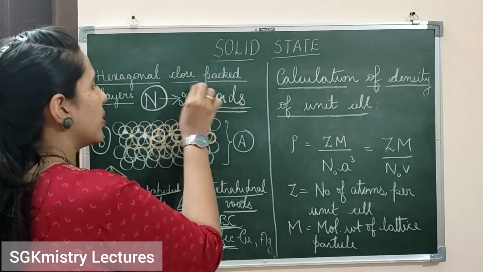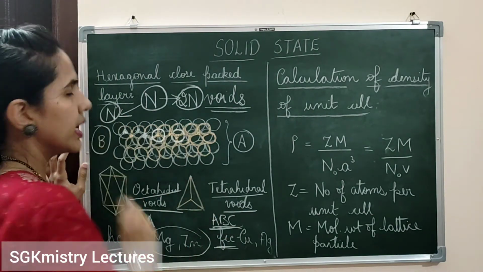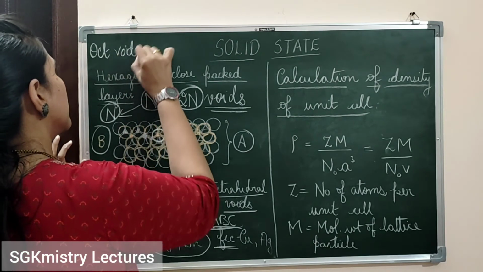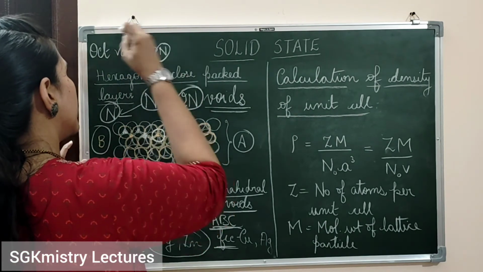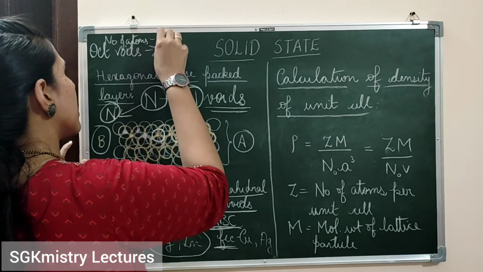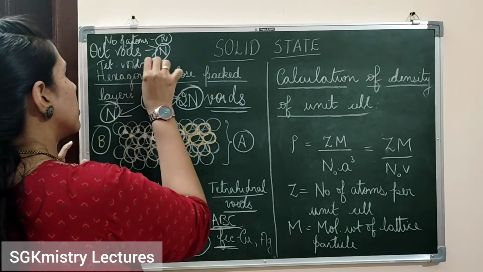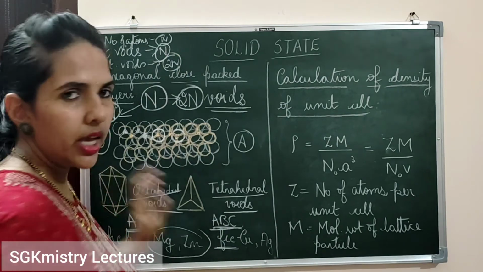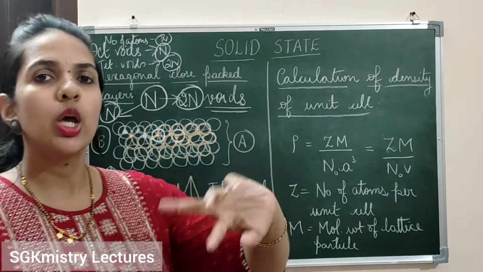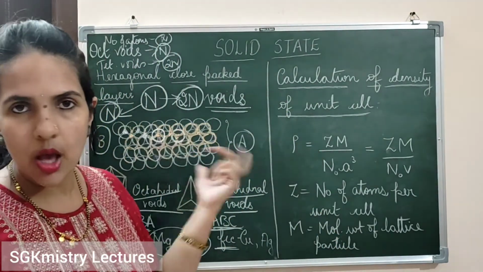There is double the number of tetrahedral voids and an equal number of octahedral voids. So I can say octahedral voids will be n in number if the number of particles is n. So the number of tetrahedral voids will be double that of the number of octahedral voids, because for each octahedral void you will have 2 tetrahedral voids, as you can see in the picture.